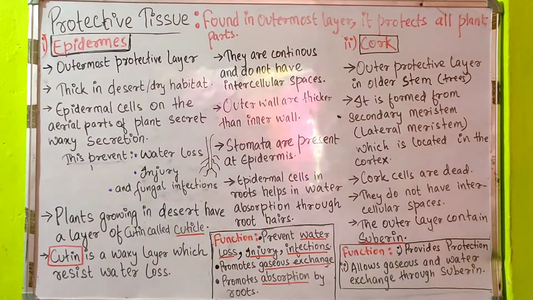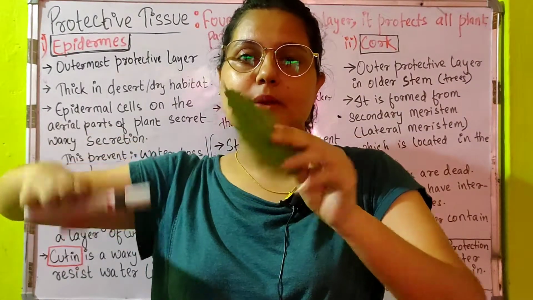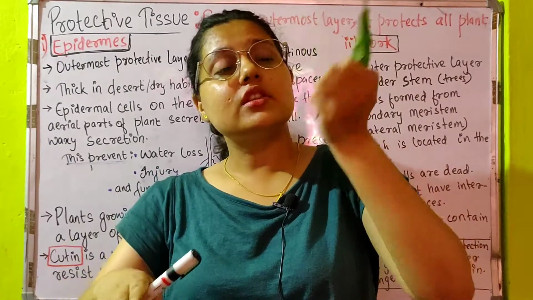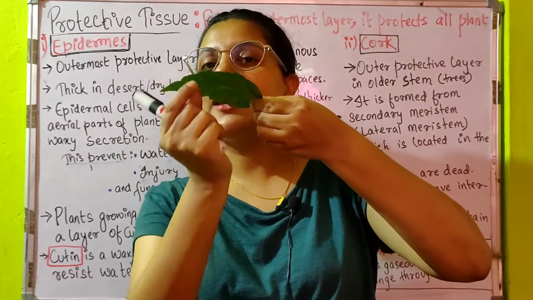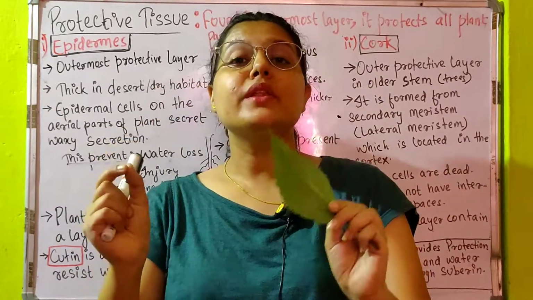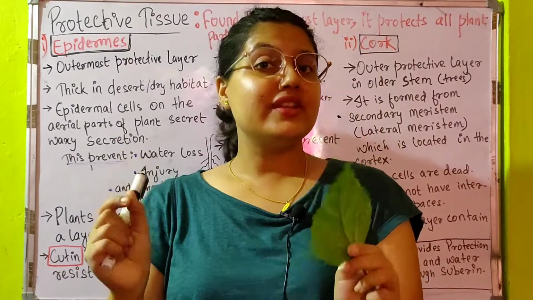I'm showing you the leaf again. These both are epidermal cells. The upper part is epidermal and the lower part is also epidermal, and the lower part of the leaf, this matte part, contains tiny pores known as stomata. The opening of stomata is regulated by two guard cells which are kidney shaped.